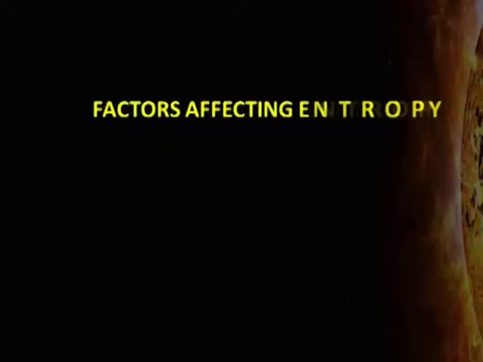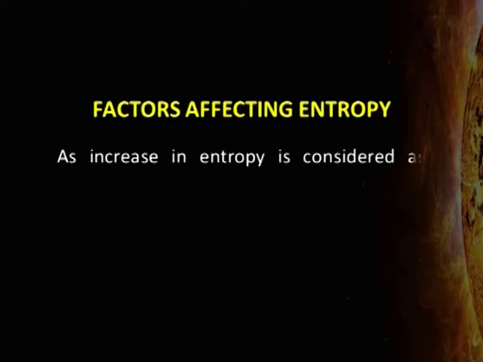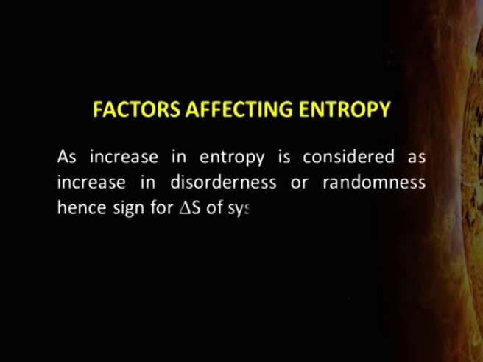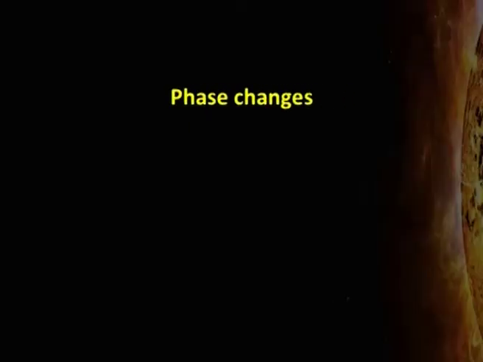Now we will discuss the factors affecting entropy. As increase in entropy is considered as increase in disorderness or randomness, hence sign for delta S of system can be given. The first factor which affects entropy is the phase change. When melting takes place, the substance is transferred from an orderly form to a more disordered form.